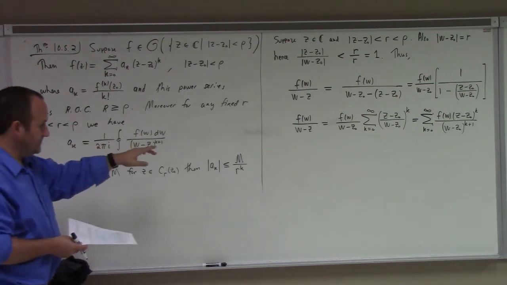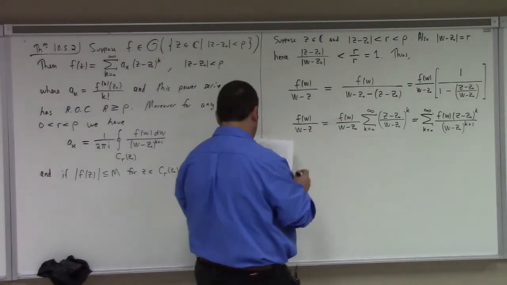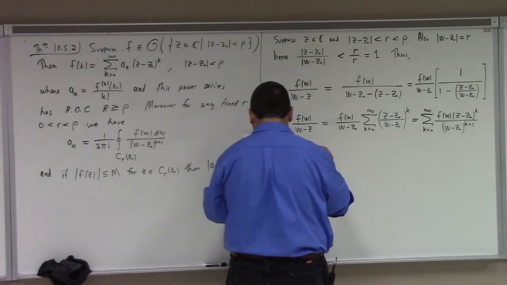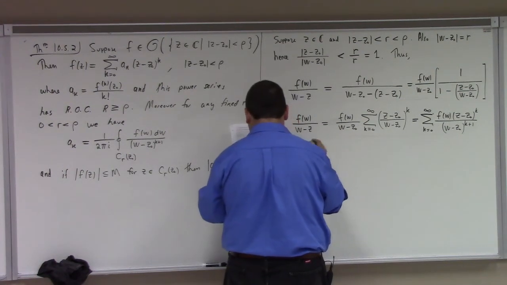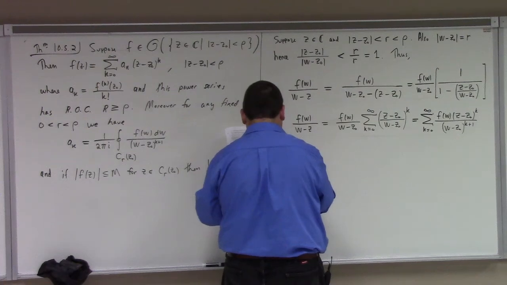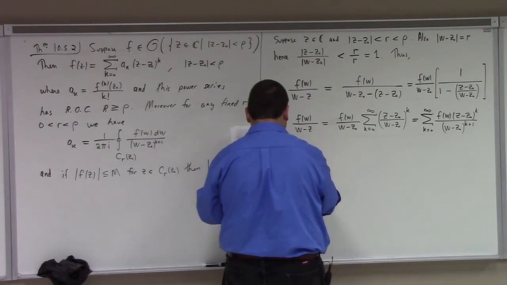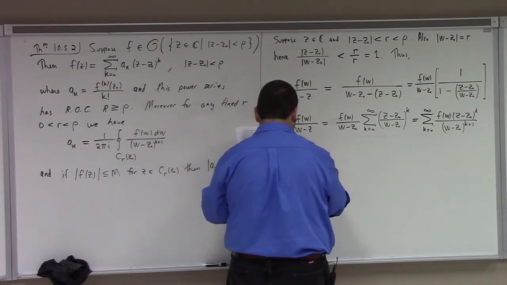So I want to integrate this, right? Well, here's what I wrote for the other case. I wrote f of z is 1 over 2 pi i. Actually, I'm doing too much work here.